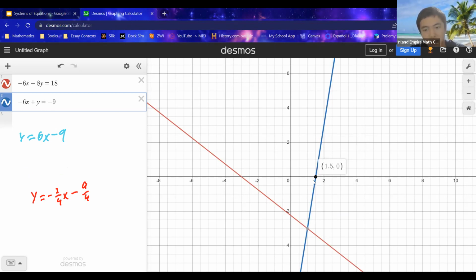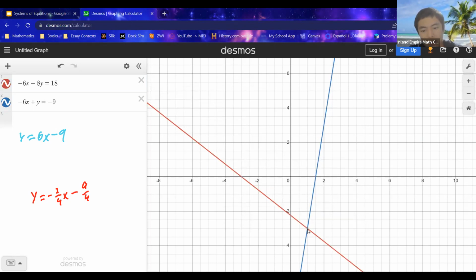That's why 1.5 comma 0 is on the blue equation's graph, because it satisfies the equation. And similarly, all of these points on the red line are points that satisfy the red equation. You pick any of these points and you plug it in, and you would see that -6 times this number plus -8 times -1.665 is equal to 18.